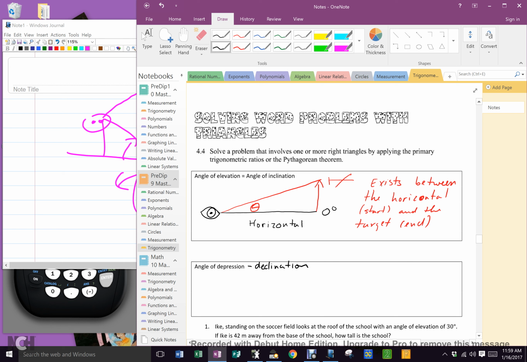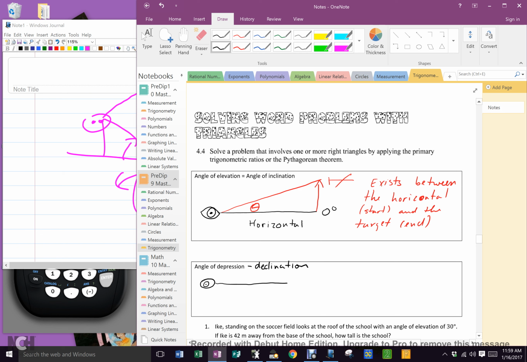Now, you guys are very smart young people. If the angle of elevation exists between the horizontal and your target, where must an angle of declination or depression exist? Between the horizontal and your target, but your eyes go down. So here is your eye.